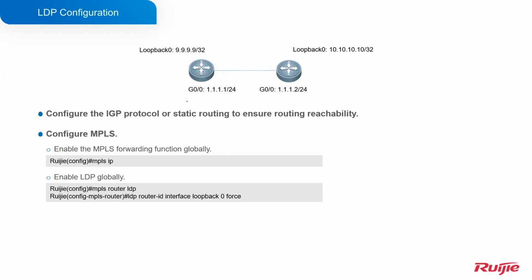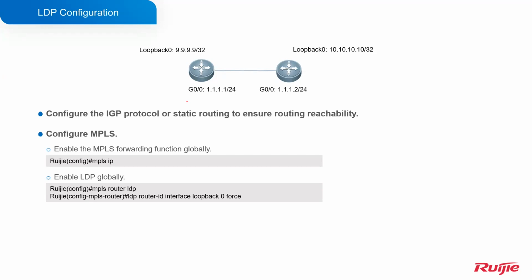If you enable the MPLS forwarding function globally, that means when you receive MPLS packets, we can recognize them. Otherwise, we will directly discard the packet. And the function of LDP is to help us distribute the MPLS label and build the label forwarding table.